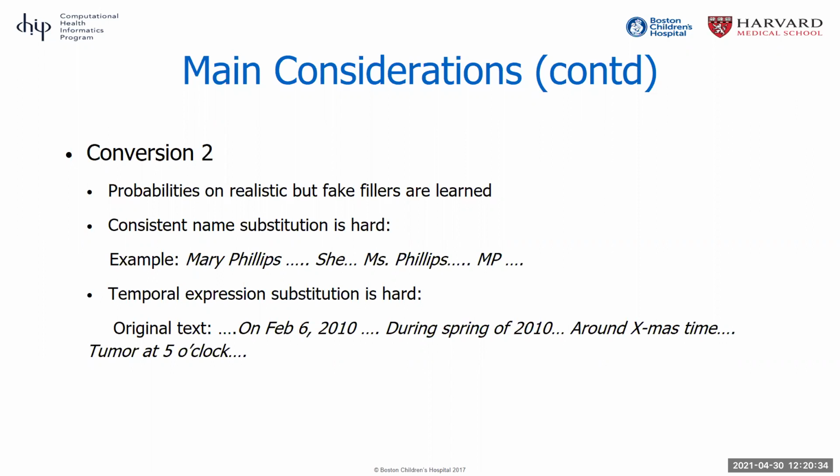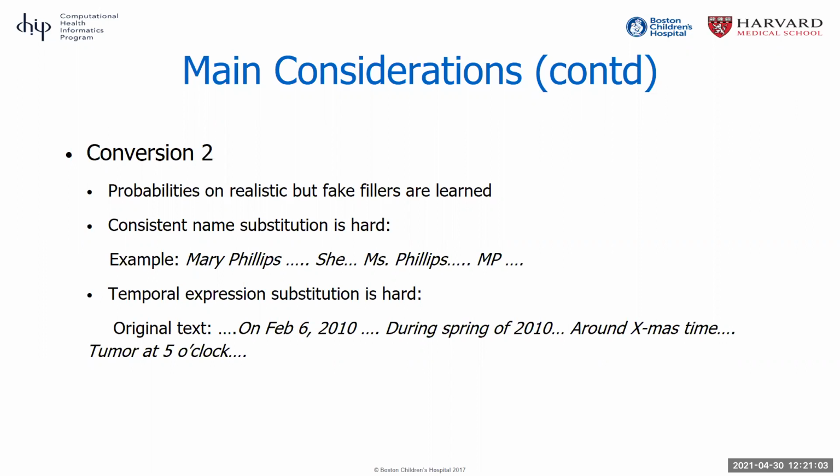One example: imagine in the original text you have the following sequence representing the patient name. You have Mary Phillips, then Miss Phillips, then an abbreviation, MP, and then a pronoun that actually refers to the patient. These all should be replaced by the same filler, and that's a very hard task.